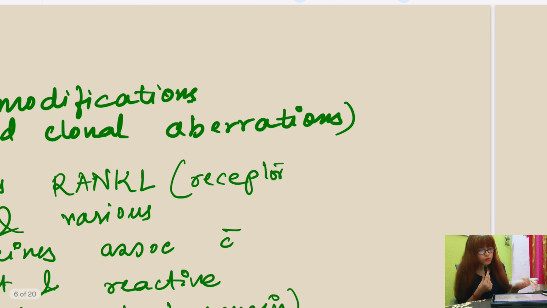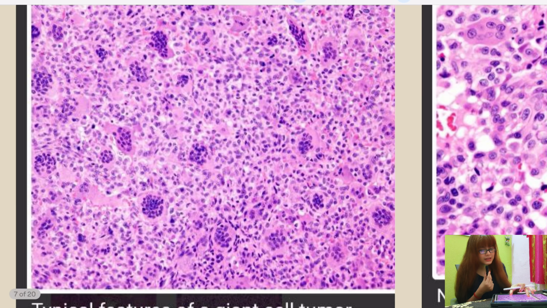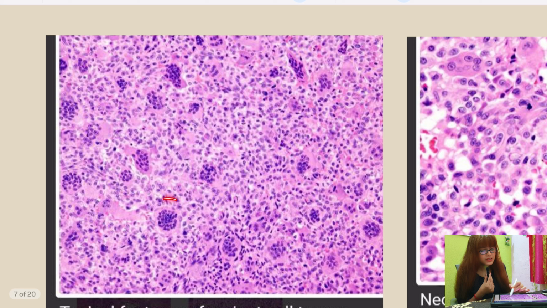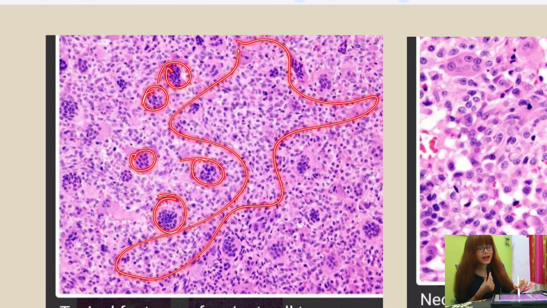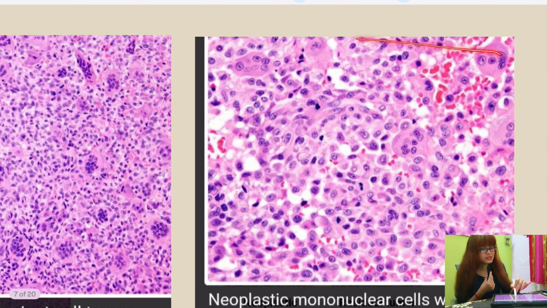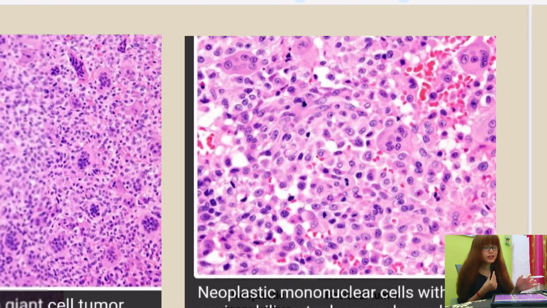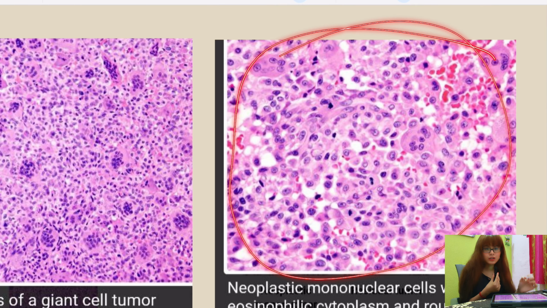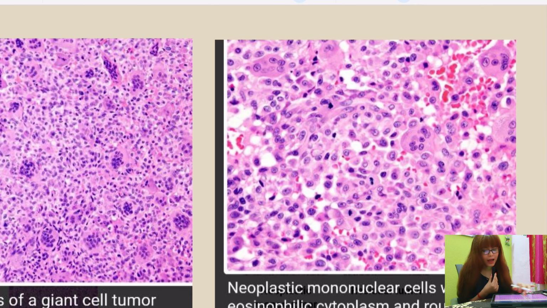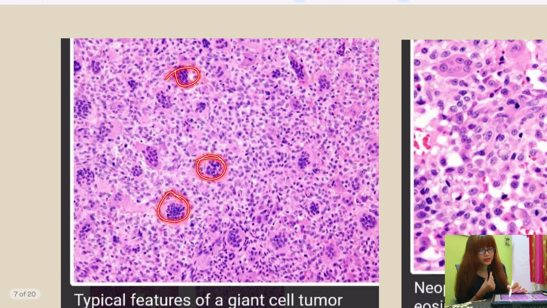So if I just show you this image over here, you can see that these are the giant cells, right? And this area is the stroma, where you will see that these are the mononuclear cells. So you can see this part is the stroma. These are the mononuclear cells, but all of which you can see that they are neoplastic. Okay, so the mononuclear cells are neoplastic, which are present in the stroma, and you also have these giant cells over here.